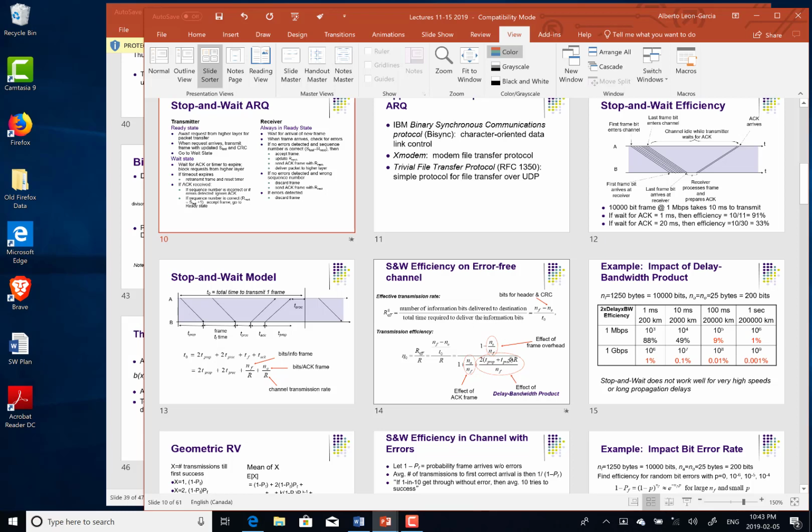We derived a formula for that. We worked out some numbers, and we saw that this is very inefficient when the delay bandwidth product, this term over here, is the killer. If this number is big relative to 1, your efficiency is going to be poor.